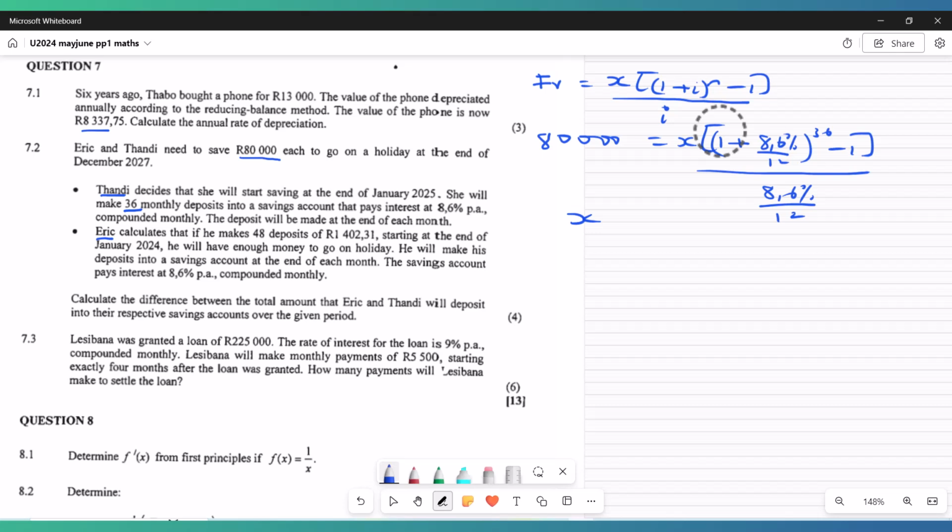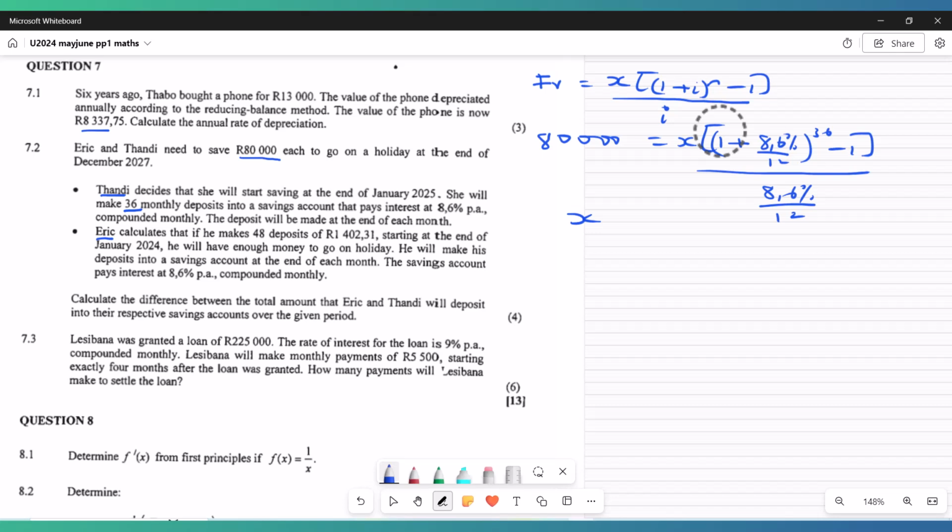So calculator, help me out. You can say the 80,000 times the denominator, which is 8.6% out of 12, and then divided by the numerator, that is open bracket, 1 plus 8.6% out of 12, then power how many months?